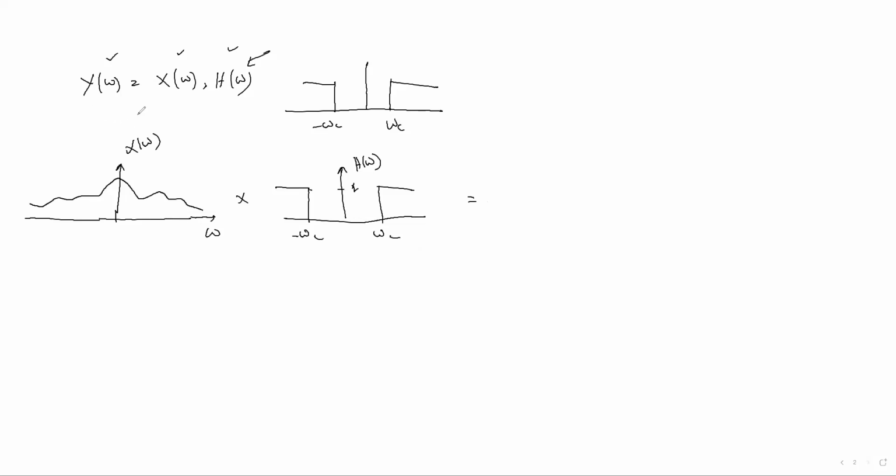What will be the Y of omega? When you multiply, this portion will get 0, and we will only have the frequency components beyond omega c and less than minus omega c. This is the shape of Y of omega.